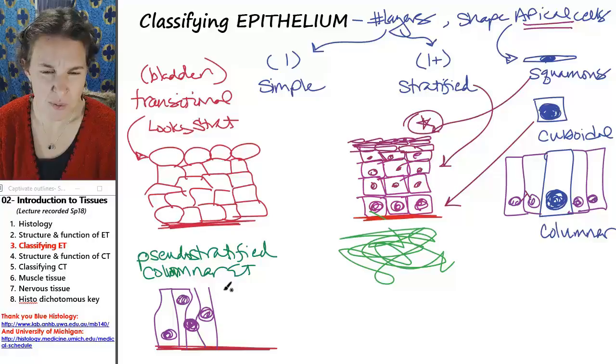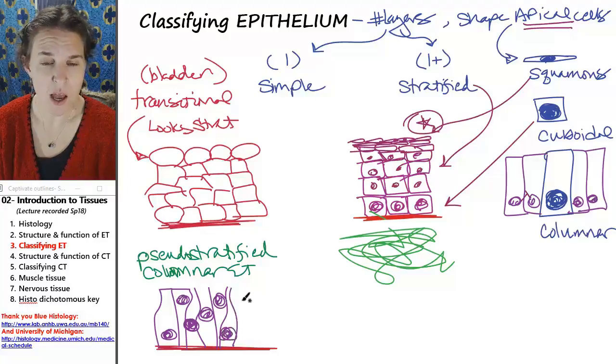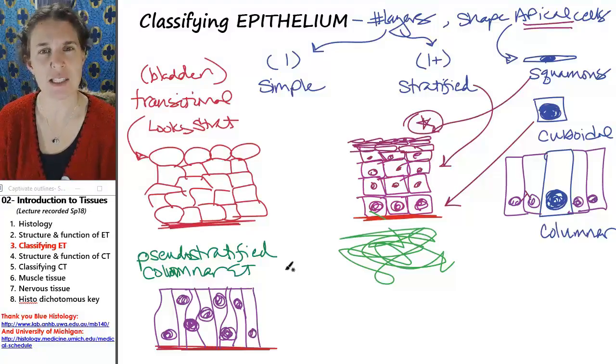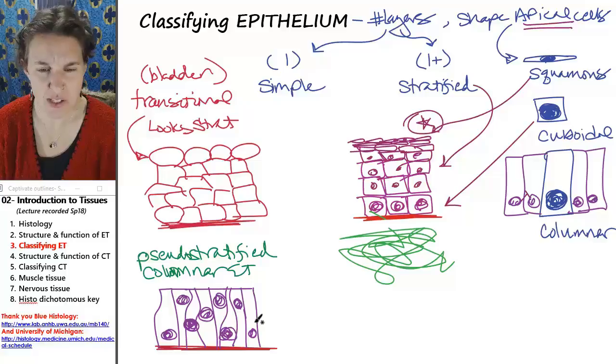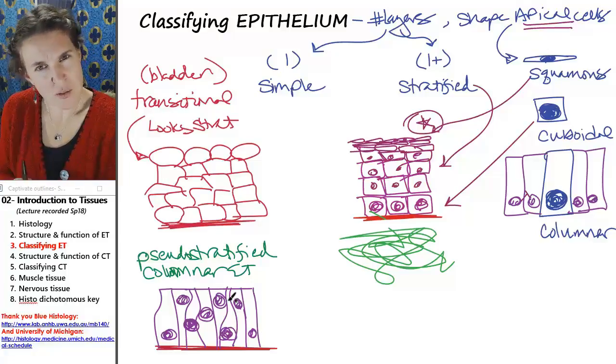And they're all over the place because, well, I actually have absolutely no idea why. But do you see how every single cell does reach the basement membrane and the lumen? That's the requirement for a simple tissue. So every single cell touches both the basement membrane and the lumen.